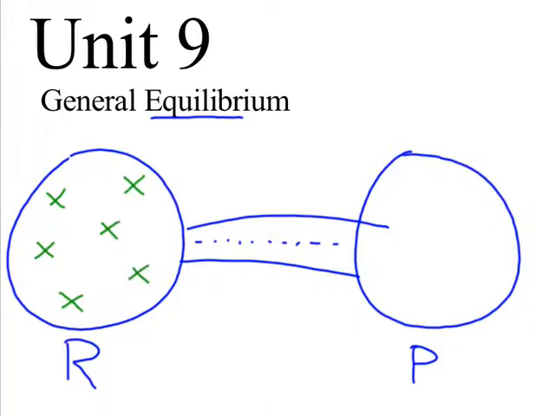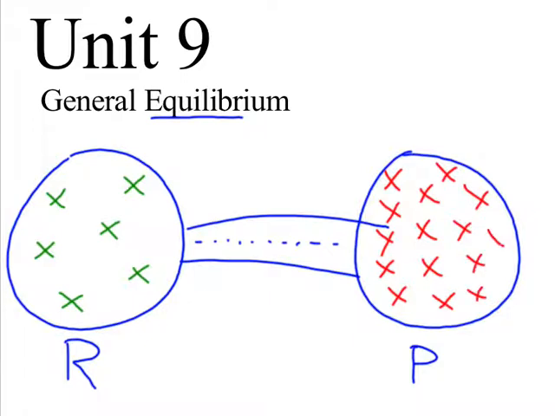But on island P, I have lots and lots of cars. If I were at equilibrium, and it doesn't matter about the colors of the cars, what that means is the rate at which my cars swap islands would be the same.